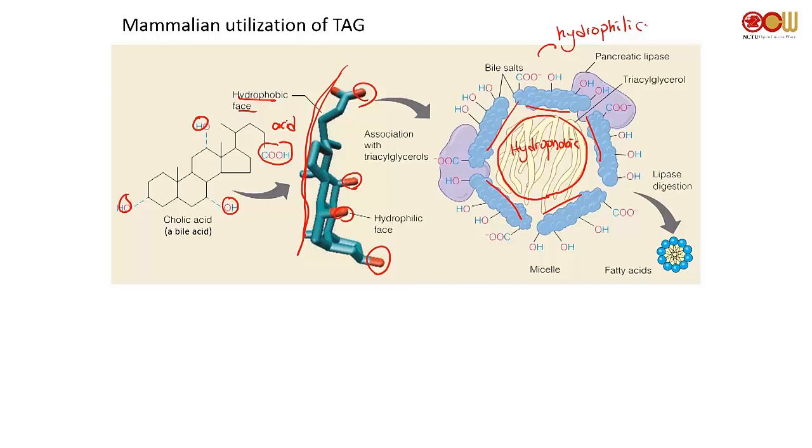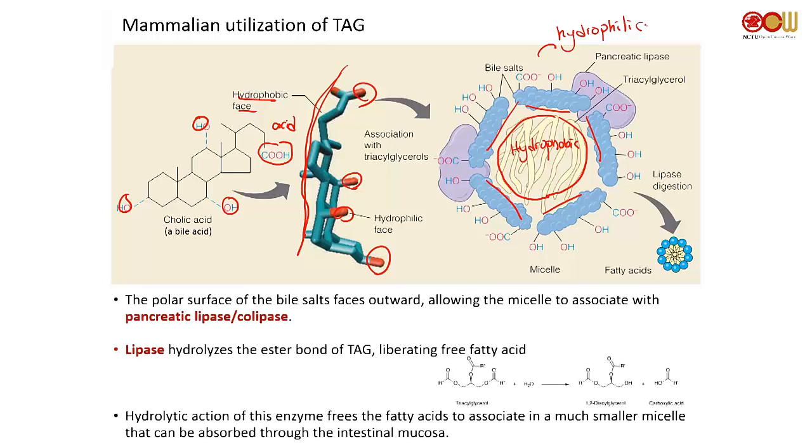And then you get this thing called pancreatic lipase, or just lipase in general. Lipase is an enzyme that hydrolyzes an ester bond. So they can hydrolyze the ester bond of TAG, liberating free fatty acid and glycerol, as shown in this little picture. Now, the way that the lipase works is actually very interesting.